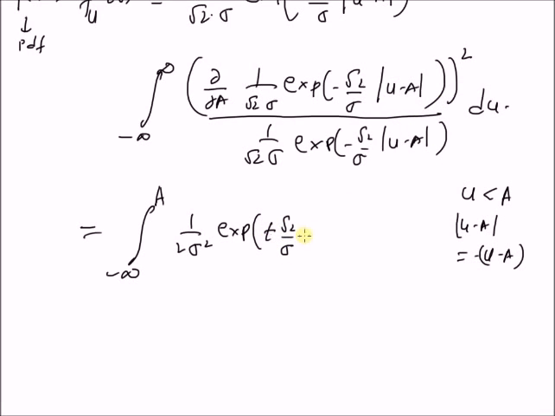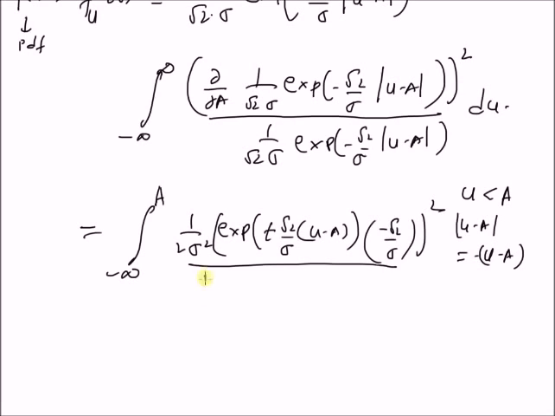So this becomes plus u minus a. The derivative is minus square root of 2 by sigma whole squared, divided by 1 by square root of 2 into sigma, exponential of plus square root of 2 by sigma into u minus a. This is for the component where u is less than a, for this part of the integral.